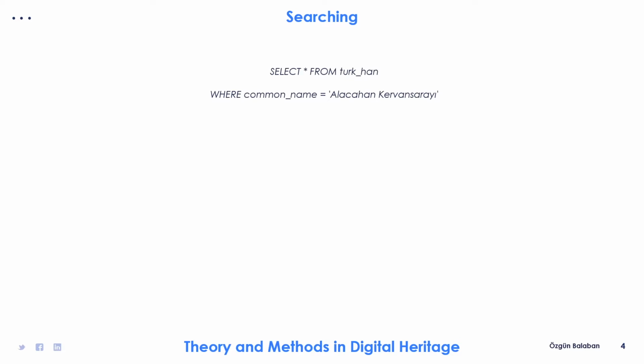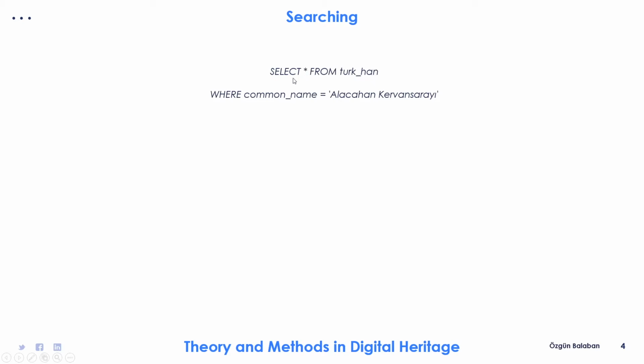So to update some feature in the database, we need to first search and locate the feature. So there are ways of doing it, but here I will show one way of searching it with the name. So you put select asterisk from the name of the table.